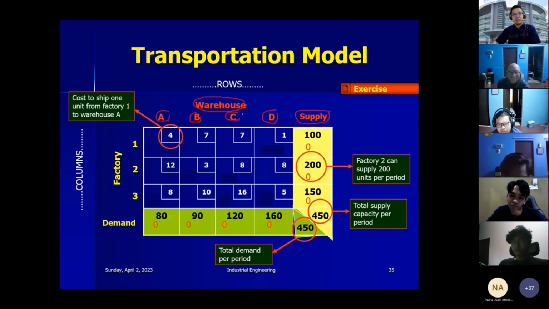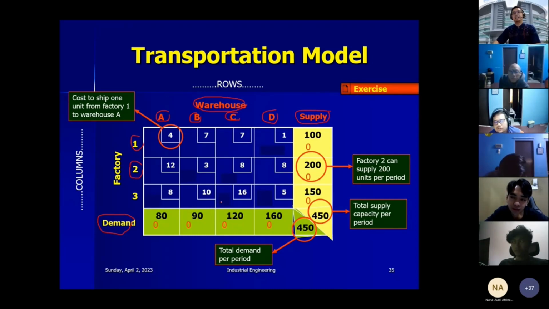Warehouse A, warehouse B, warehouse C, warehouse D are in the columns. Meanwhile, the factories are in rows. Factory number 1, look at row 1. Factory number 2, look at row number 2. Factory number 3, look at row number 3. So this is the demand.